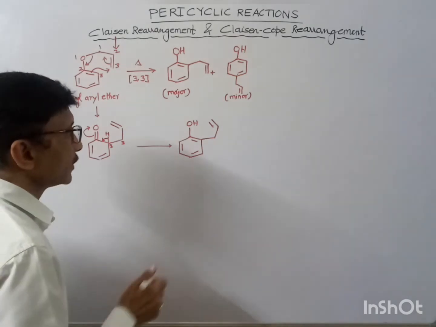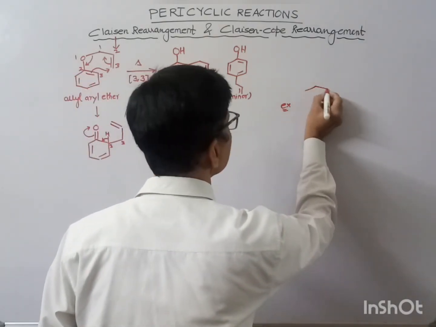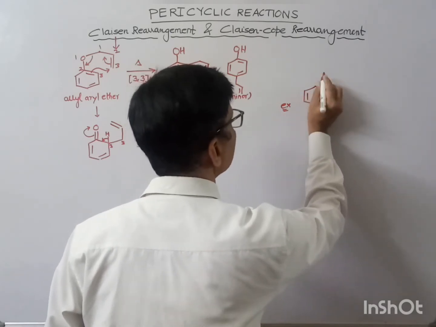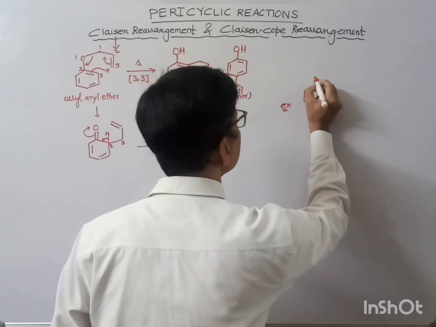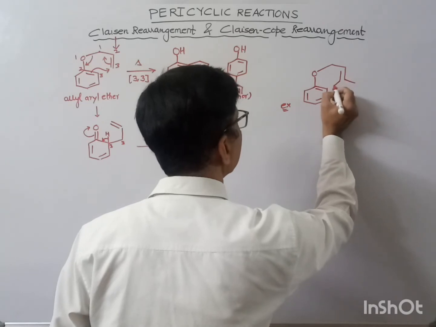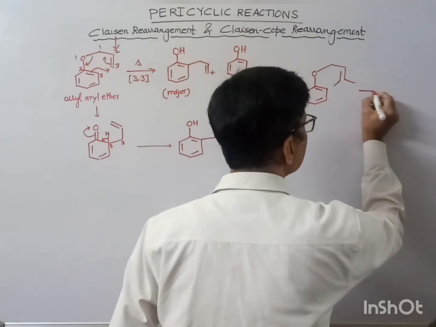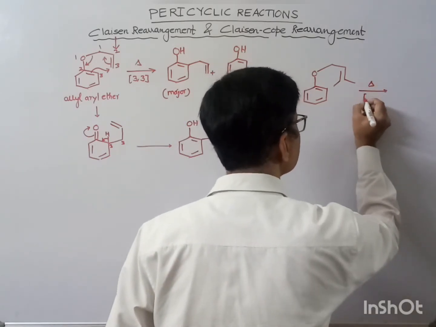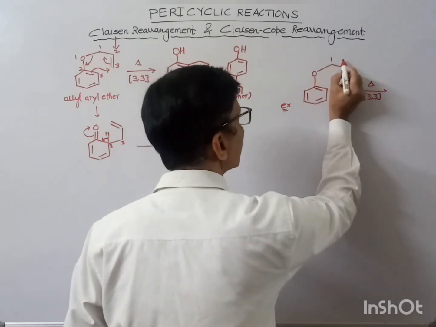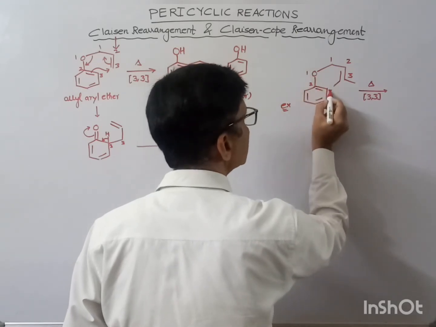Now suppose we have this example, with a substrate molecule like this. What would be the product? Again a 3,3-sigmatropic shift will take place under thermal condition. We can give the numbering 1, 2 and 3. This is 1, this is 2 and this is 3.